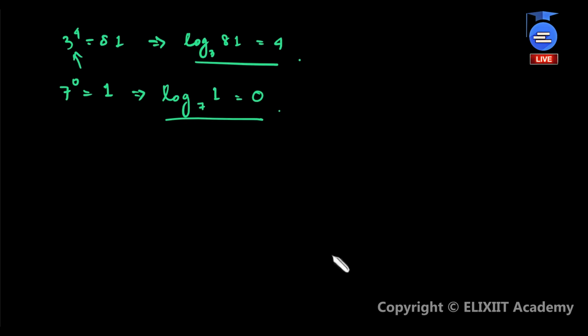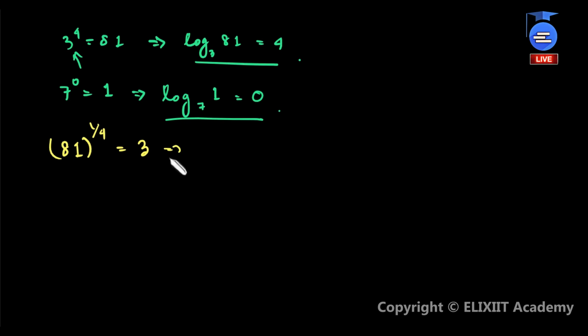Similarly, consider one more example, this is a very nice example. 81 raised to the power 1 by 4 is equal to 3. Clear? 81 is 3 raised to the power 4, so that's the same as 3 raised to the power 4 times 1 by 4, which is 3.